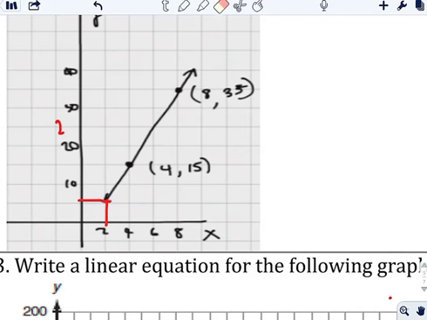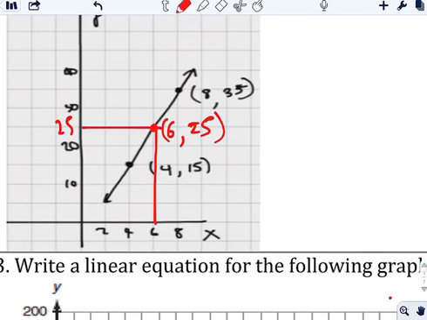Because it's not accurate, we're going to look and choose a more accurate one, 6 and 25. This is 6 and 25. So a solution is a dot. That would be basically a coordinate on your graph, on your line.